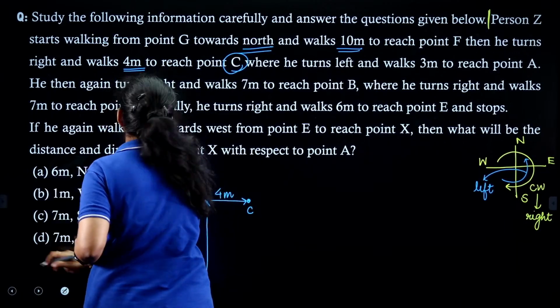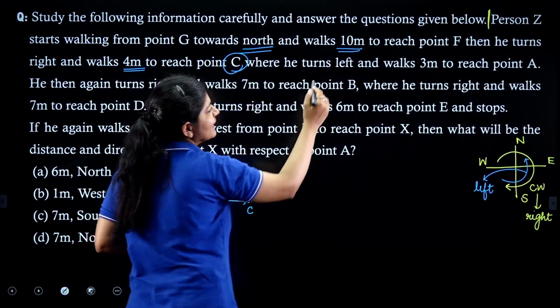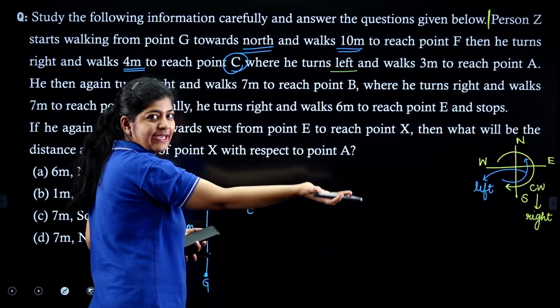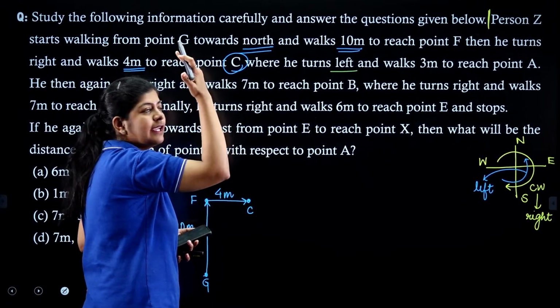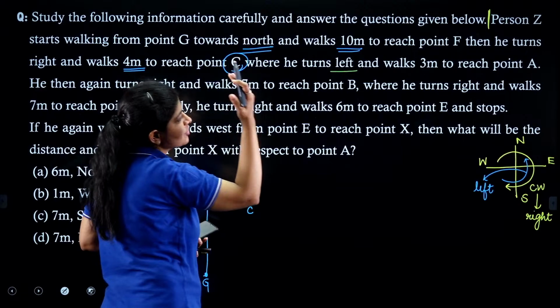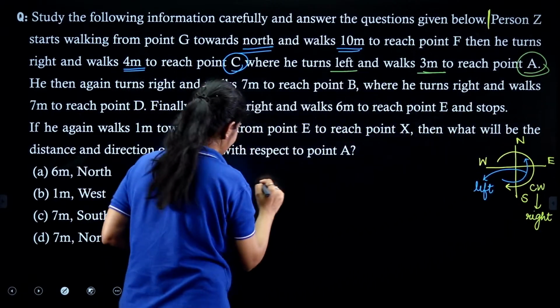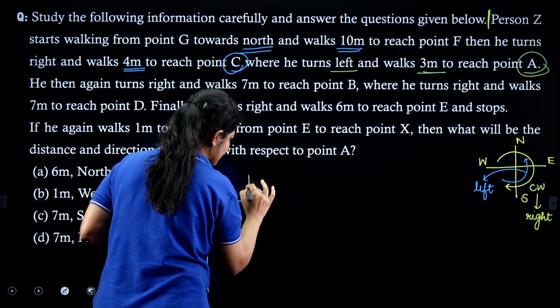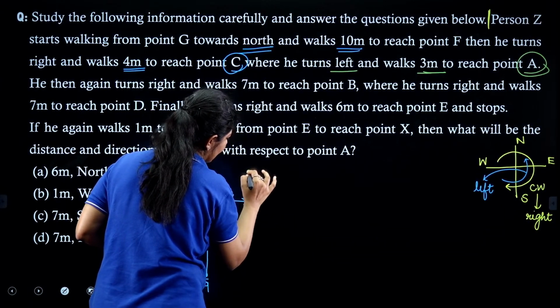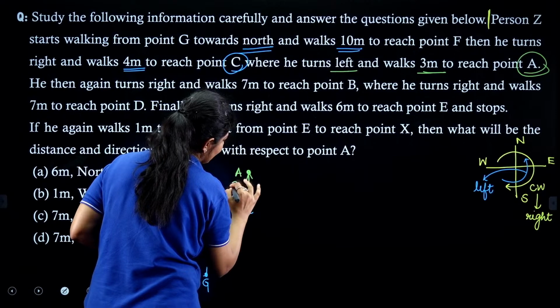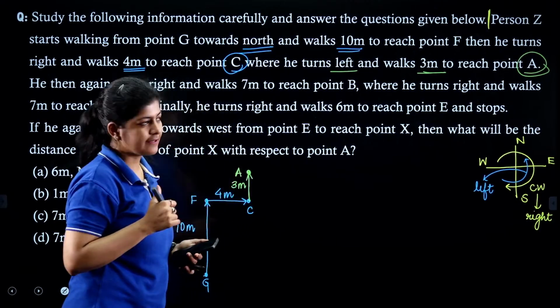Next, he turns left, that means anti-clockwise direction. Now he needs to move in the north direction and walks for 3 meters to reach point A. So let's suppose this distance is 3 meters and here we have a point A.